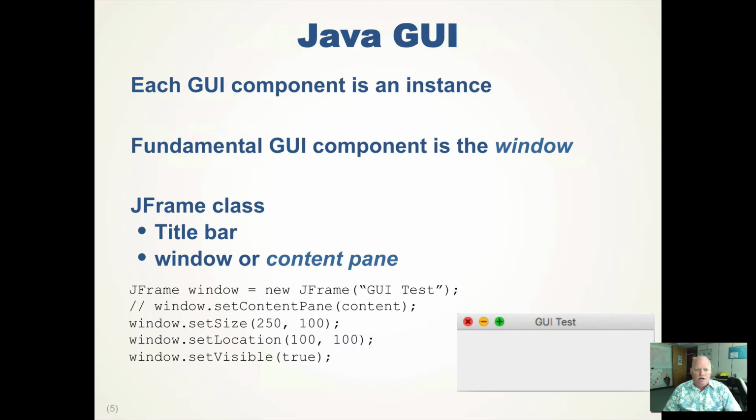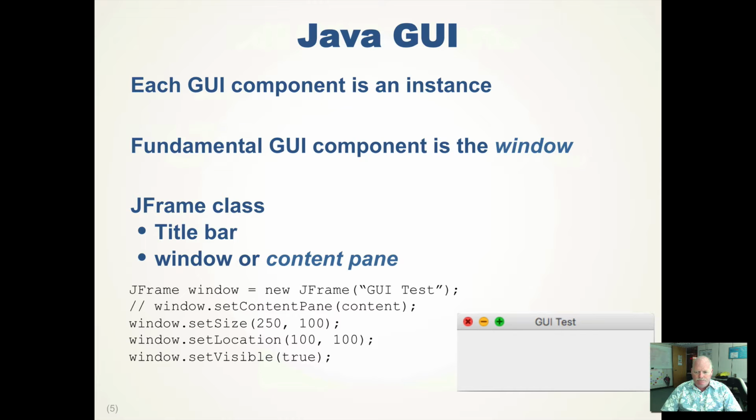The next concept in GUIs is that GUIs have components in them, or pieces like a button or a label or a panel. In Java, each of these components is an instance of a class. The most fundamental GUI component is the window. In the lower right corner you see there is a window.